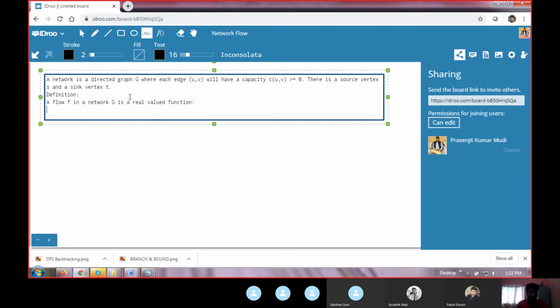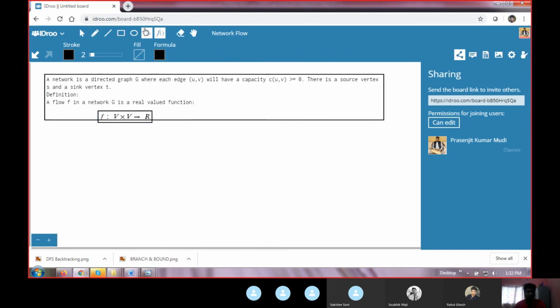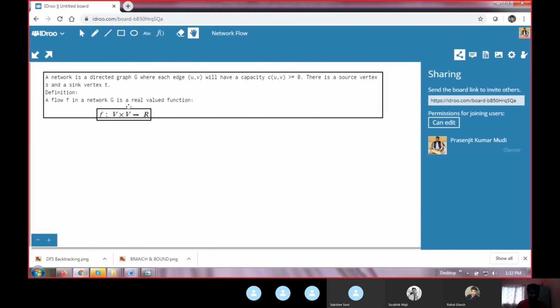Real valued function means something like this: f: V × V → R. So f is a flow, where V is the vertex set of the graph G, and R is the set of real numbers. So f is nothing but a real valued function.